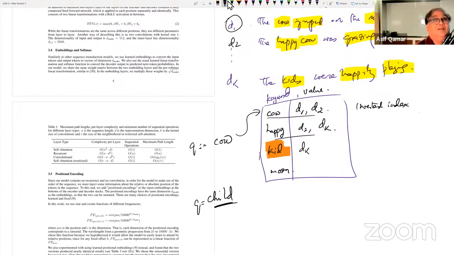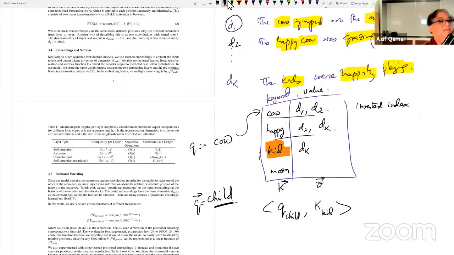And so now, how do we do that alignment? What if the key was a vector, the value itself could somehow be encoded as a vector, and your query was a vector? Now it is easy. You would say Q, which was child, is far more aligned to the key of kid.